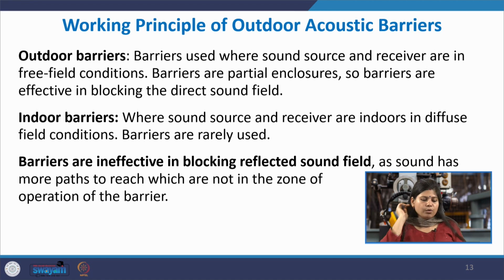Okay. So, whenever barriers are used indoors, they are effective in reflecting back and blocking the direct sound field. But if it is a highly reverberant environment and there are so many sound paths through which the sound can reach the receiver, then in that diffuse field environment the performance of the barrier essentially reduces, because it is a partial barrier.